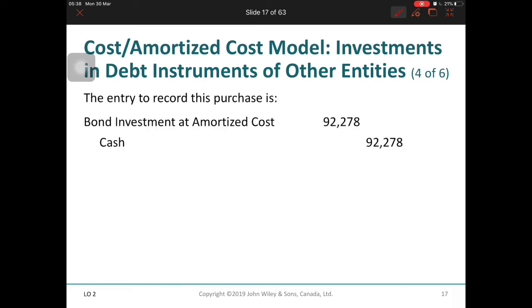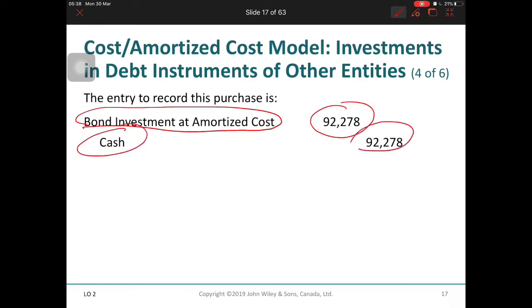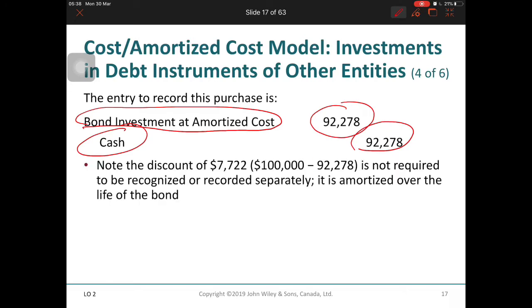The entry to record this purchase is bond investment at amortized cost 92,278, and your cash is decreased by this much, because you are making an investment. Note that the discount of 7,722 between the face value and the fair value is not required to be recorded separately.